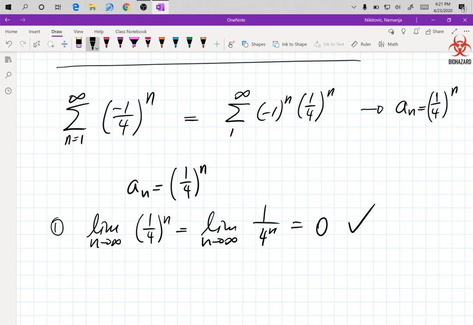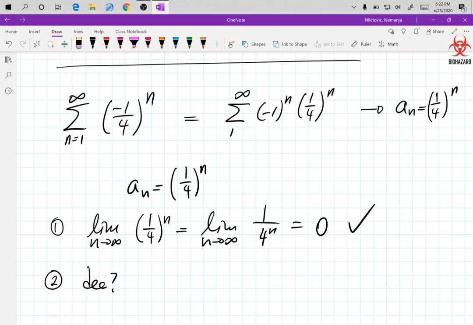Now the next part is to see if it is decreasing. Now, how do we know if it is decreasing or increasing? Well, you have two options. One option is to work with the derivative, right? You can find the derivative, and if the derivative is negative, then it's decreasing.